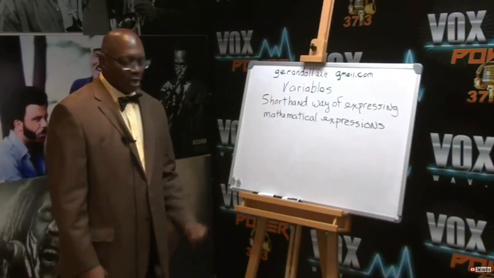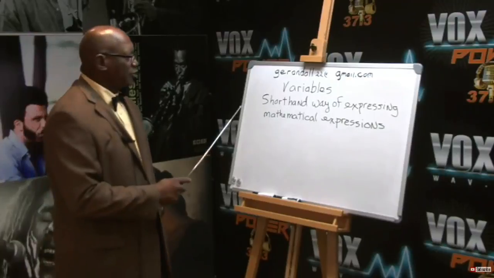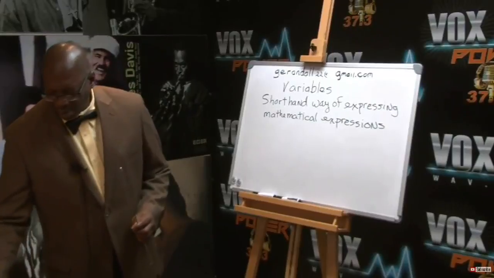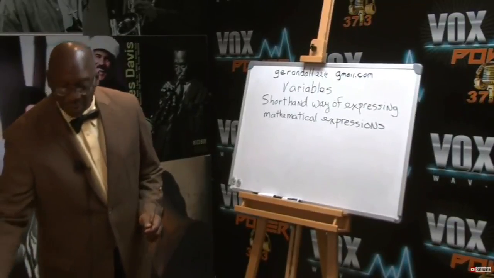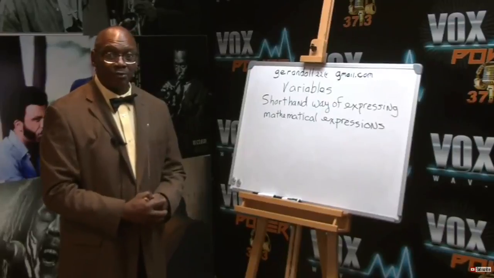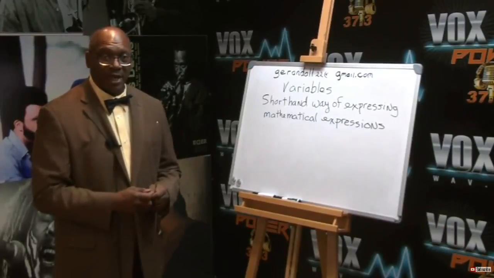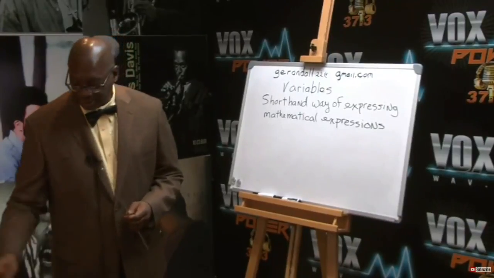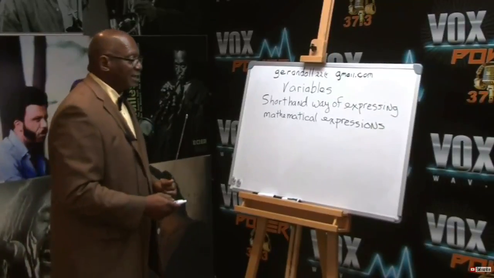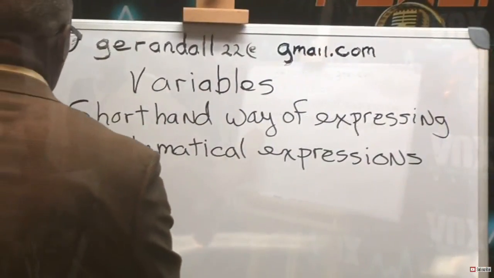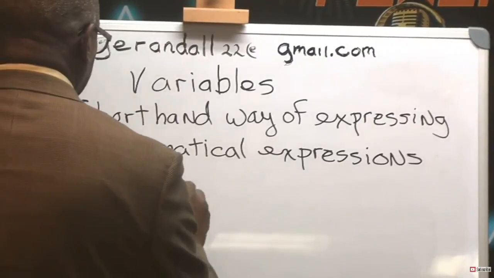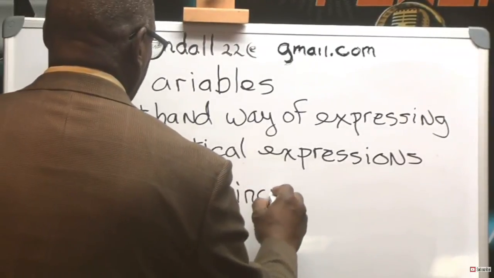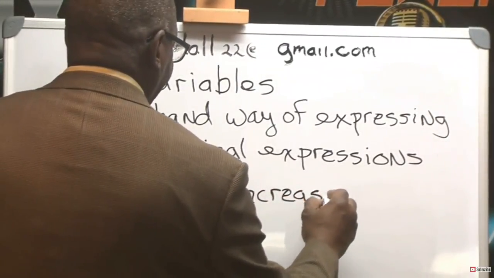In the second half, we're going to talk about variables. Variables are used as a shorthand way of expressing mathematical expressions. And again, the importance of being able to read and interpret that so that we can convert an expression mathematically. For example, a number increased by 5.